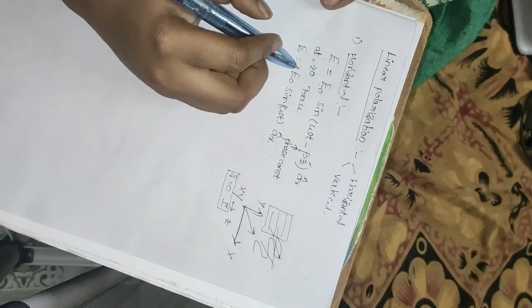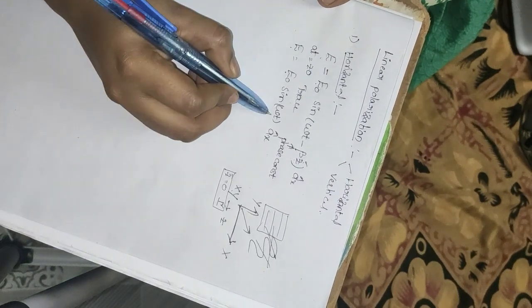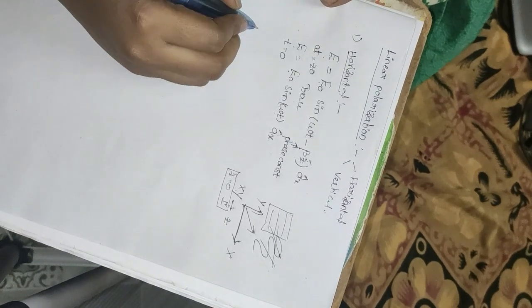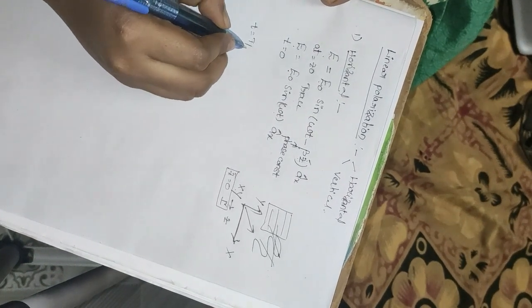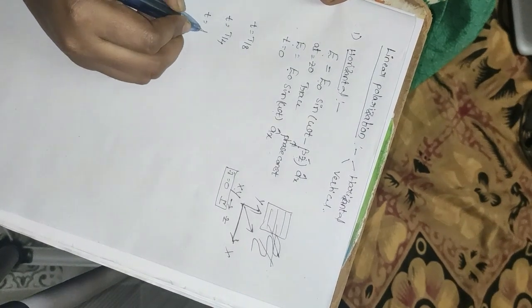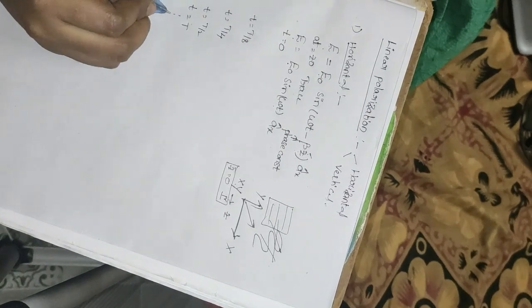Now we need to check the magnitude of the E field at different time intervals, starting from t equals 0, t equals T by 8, t equals T by 4, t equals T by 2, t equals T, and so on.